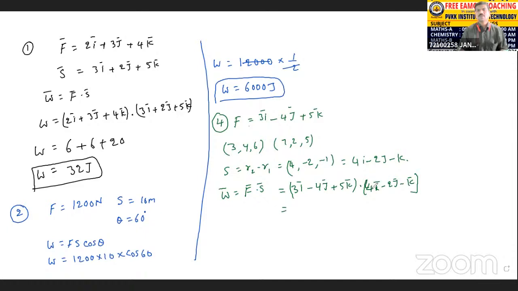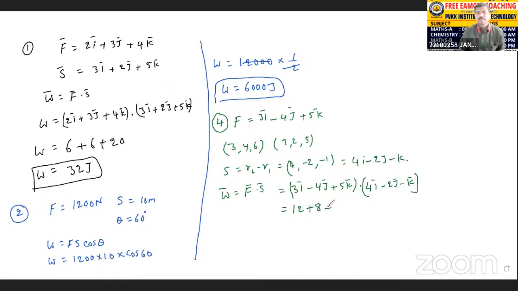So W is equal to, 4 into 3, 12, I dot I is 1. Minus 4 into minus 2, 8.